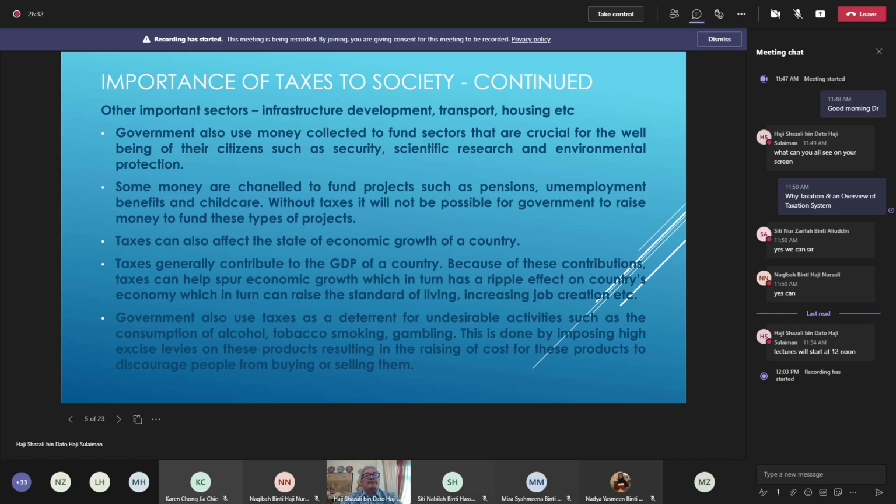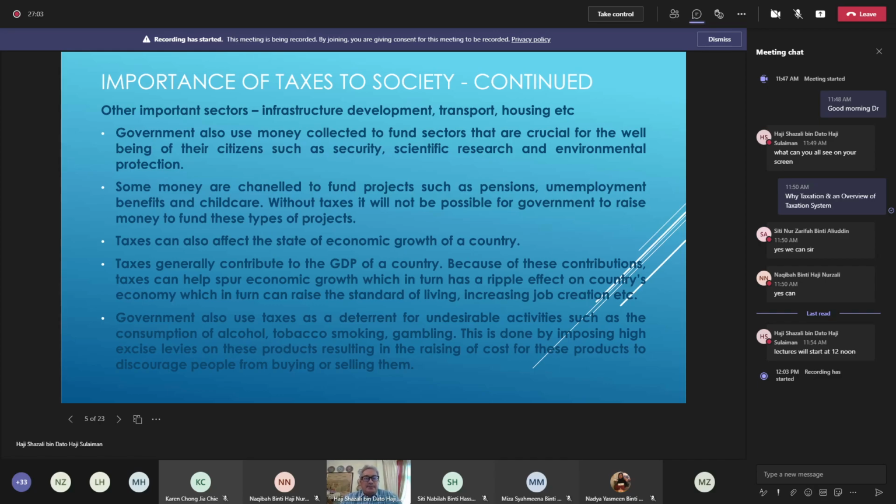Government also uses taxes as a deterrent for undesirable activities. So what are undesirable activities in Brunei? Obviously, alcohol, tobacco smoking, and gambling. So, although alcohol is illegal, I mean haram, and smoking is illegal in Brunei, obviously there are still people who smuggle in, and there are hefty taxes for these items.